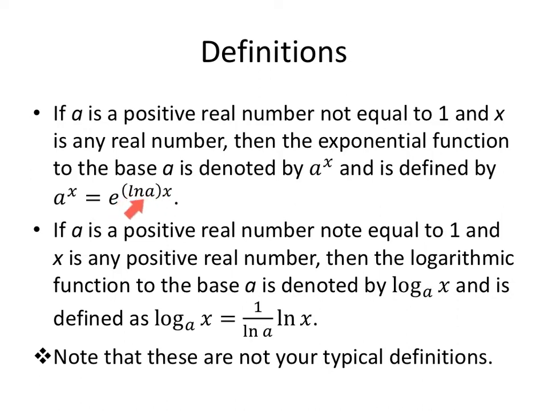The natural log of a is the coefficient of x in the exponent of the e, but remember e and natural log are opposite operations, so we could do some simplification and there we get a to the x.